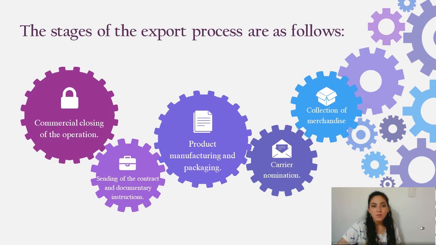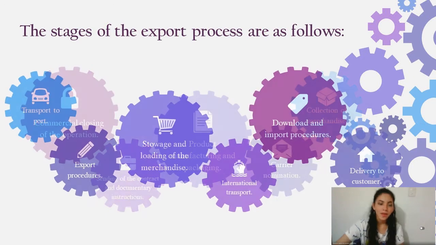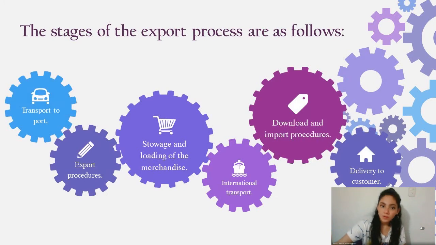Fourth, carrier nomination. Fifth, collection of merchandise. Sixth, transport to port. Seventh, export procedures. Eighth, storage and loading of the merchandise. Ninth, international transport. Tenth, download and import procedures. And eleventh, delivery to customer.